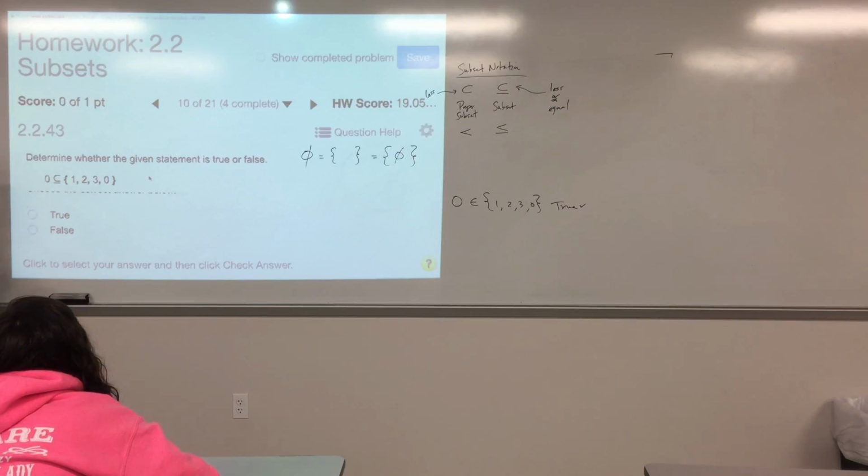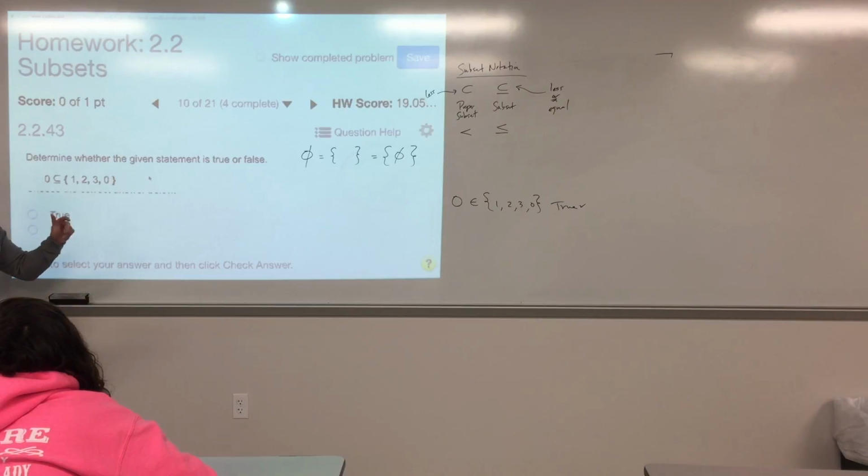Yes, you would say it's true because you would say 0 is a subset of that, right? Because you can find 0 over here. But this question is actually false on a technicality. The technicality is that when you're dealing with subsets, in order to even speak the language, it has to have braces around it.